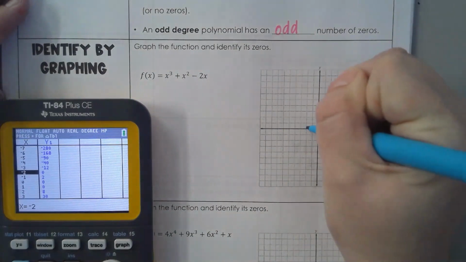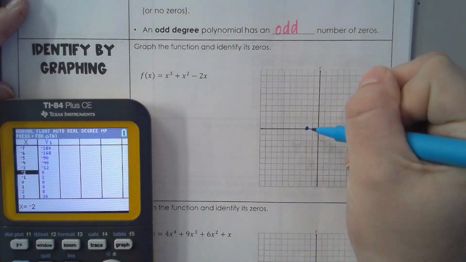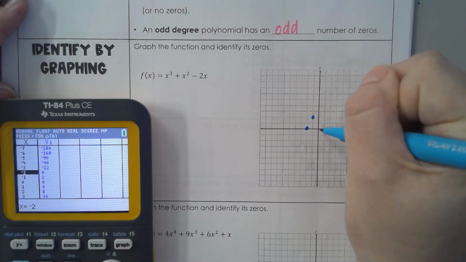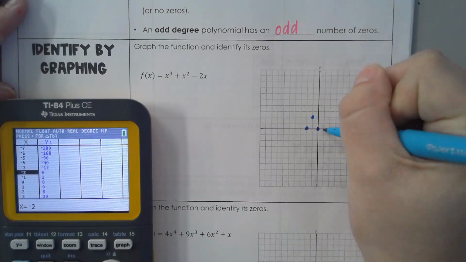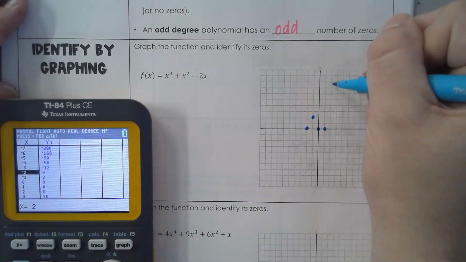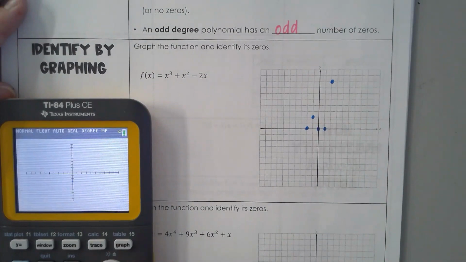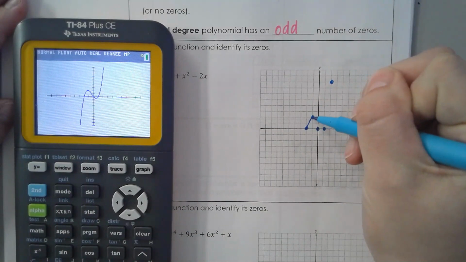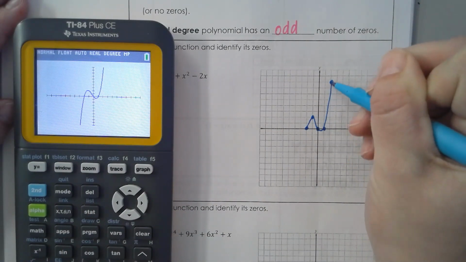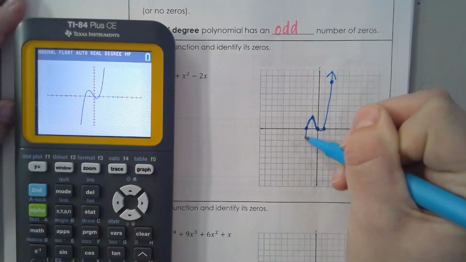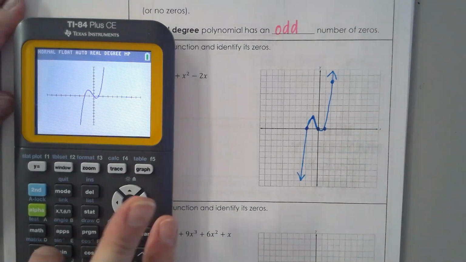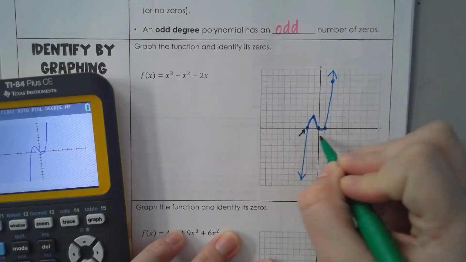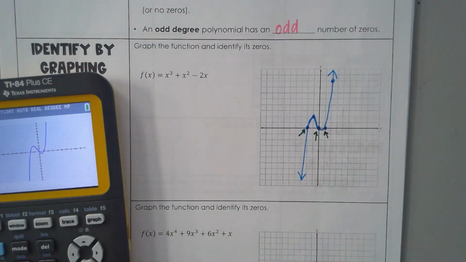So negative 2, 0, negative 1, 2, 0, 0, 1, 0, 2, 8. So this does in fact have 1, 2, 3 x-intercepts.